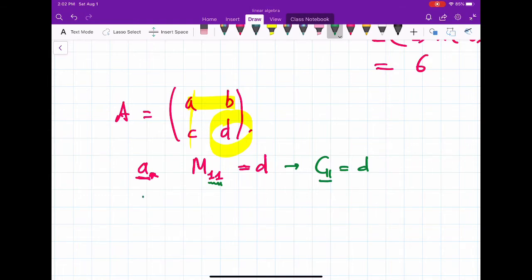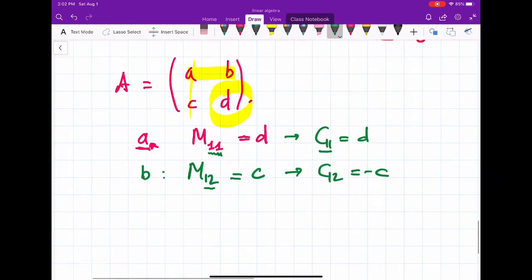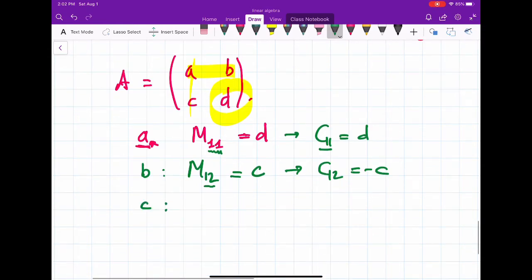All right, let's move to B. So here M12 is C, but C12 is -C, because the position is 1, 2. 1 and 2 do not have the same parity. Let's move to C. You delete this column and this row.